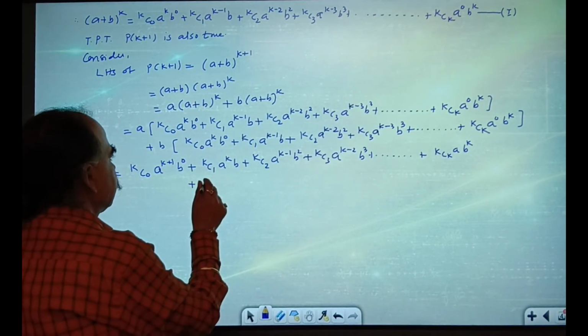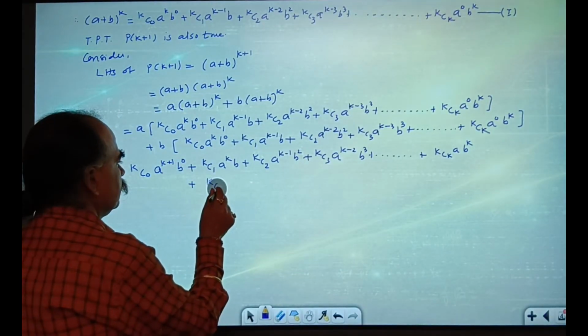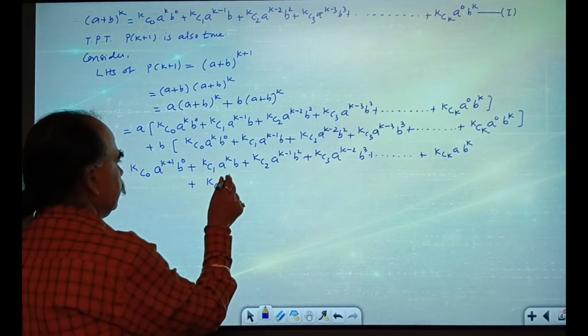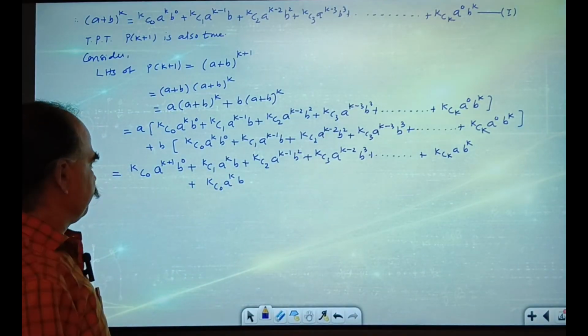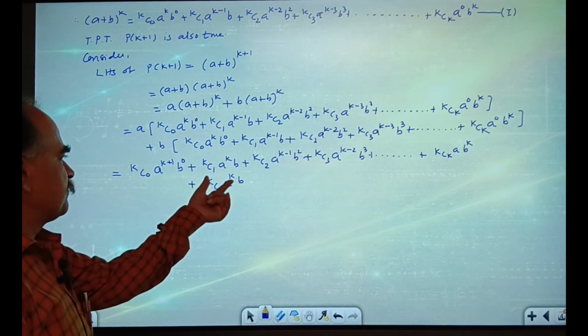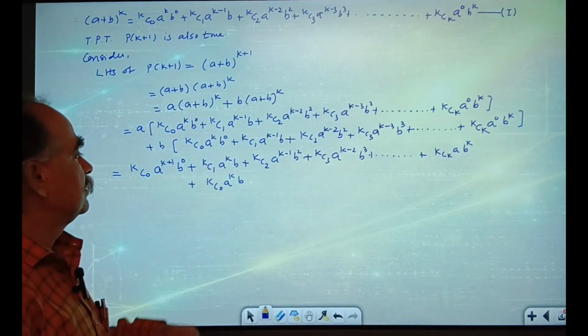if you multiply b, you will get kC0 a raised to k, b. We will write this term just below a raised to k, b.